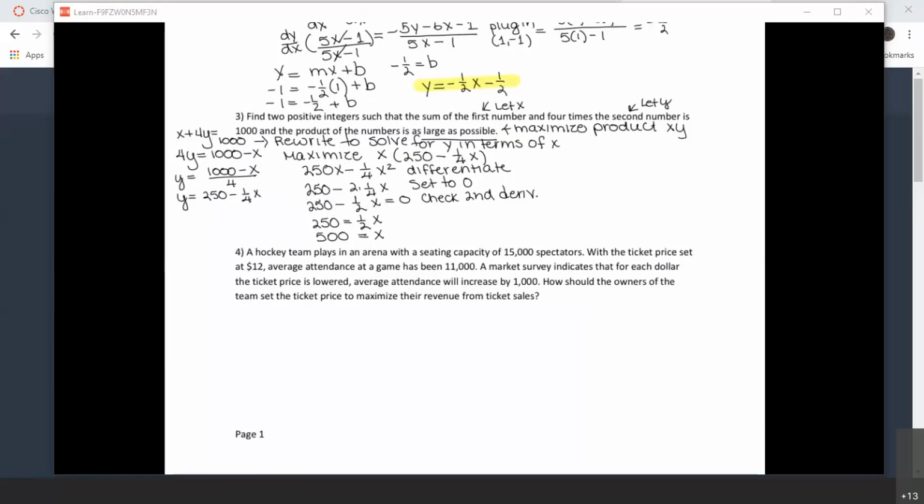What's the second derivative of that? If you differentiate it one more time, what do you get? Only one x term in there. What do you get? This is important, guys.